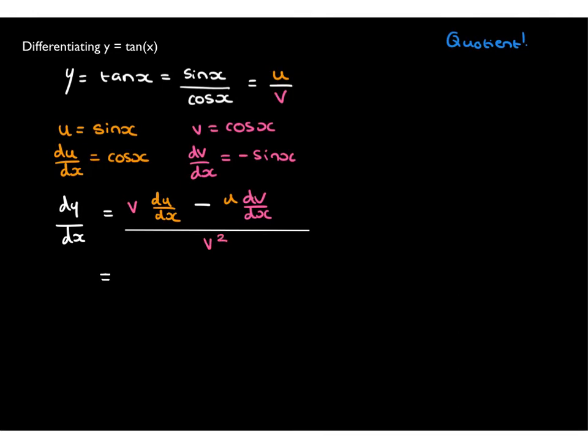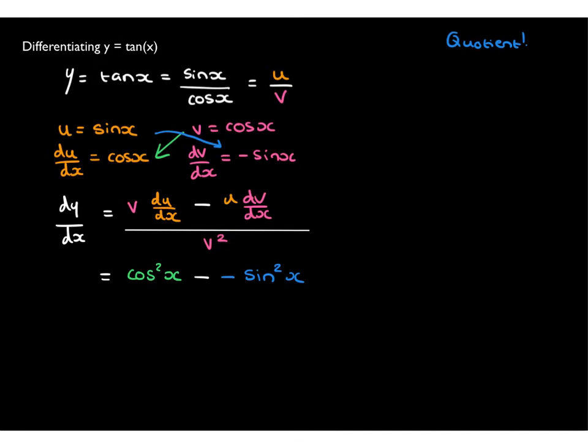So v multiplied by du by dx first of all: cos x multiplied by cos x simply gives us cos squared x. And what about u multiplied by dv by dx? Well, that's sin multiplied by minus sin, so it gives us minus sin squared x. Now there's already a subtraction, remember, so we get minus minus sin squared x.